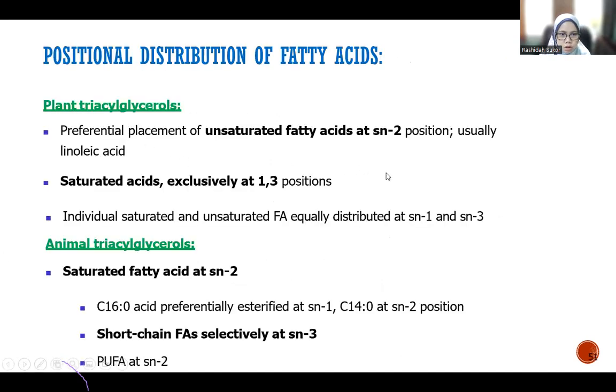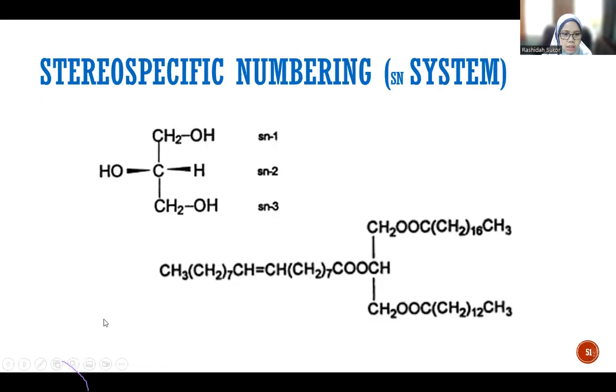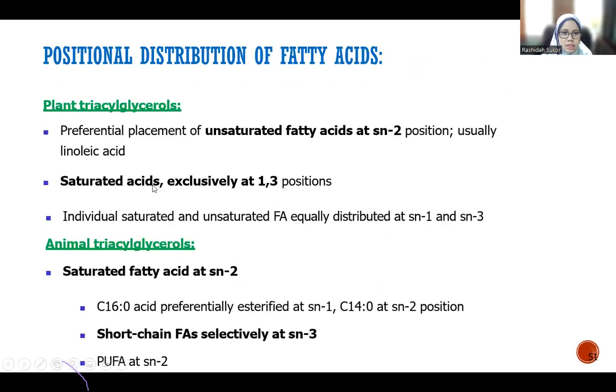Plant triacylglycerol, preferential placement of unsaturated fatty acid dekat SN number 2 yang tengah ni. Okay. Right, saturated acid exclusive at 1,3 position and individual saturated and unsaturated fatty acid equally distributed at SN1 and SN3.